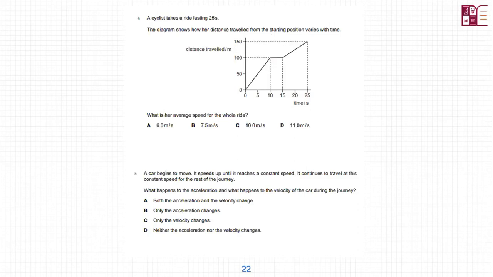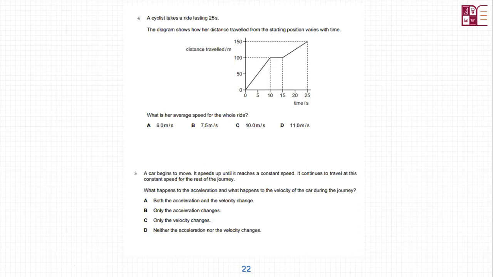Now moving on, a cyclist takes a ride lasting 25 seconds. The diagram shows her distance traveled from the starting position, which varies with time. Now the graph is given, it's the distance traveled upon time taken, and they're asking what is the average speed for the whole ride.